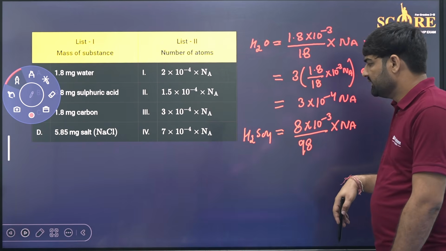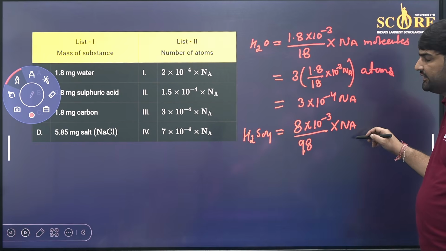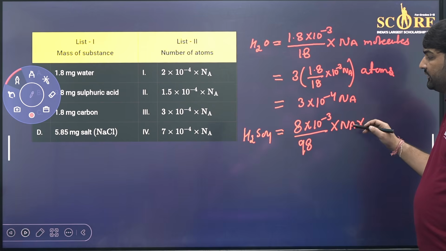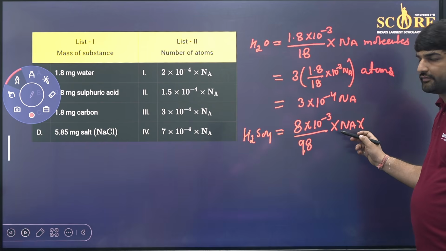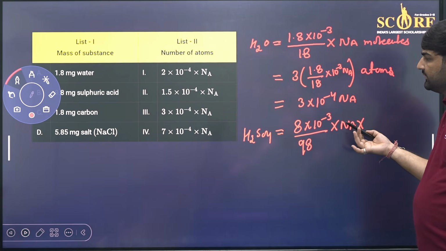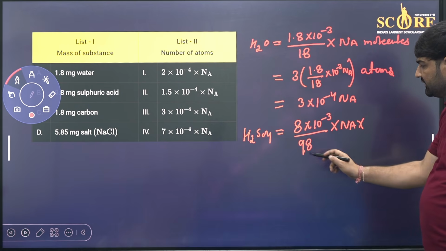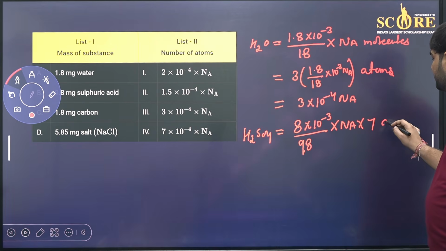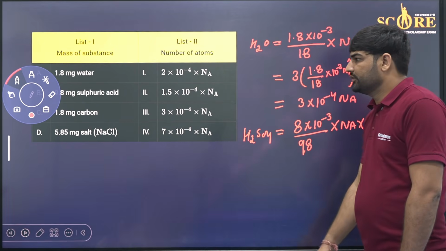It means this is 7 atoms in a single molecule. Now if we want to talk about how many atoms are there in all molecules, then we can say this will be the number of atoms in H2SO4.